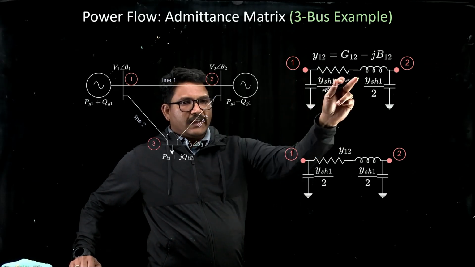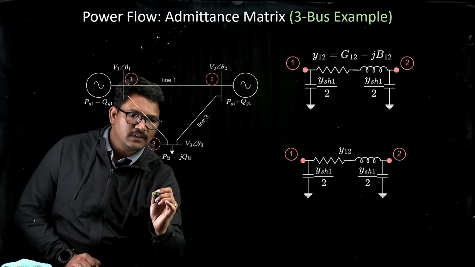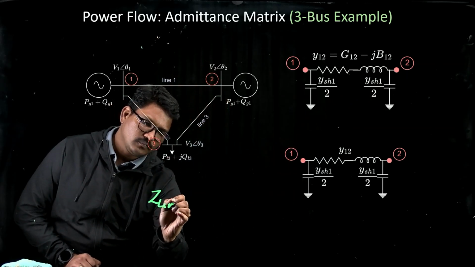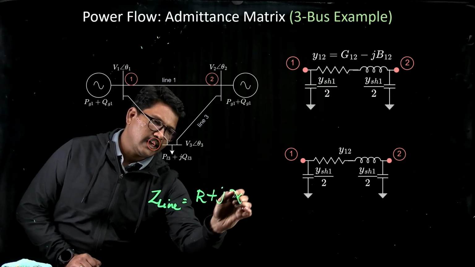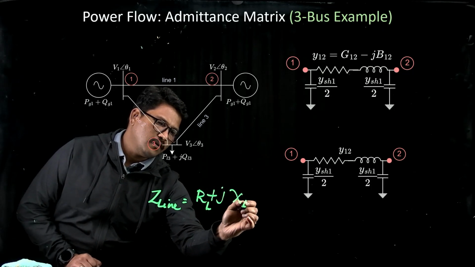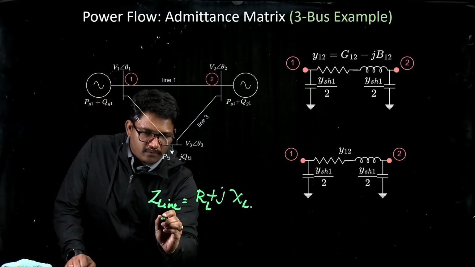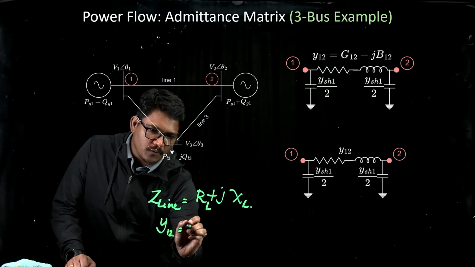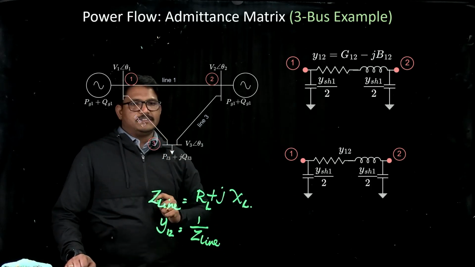So the series resistance and reactance, you will have the line-related resistance and reactance as R plus jX of the line, but you will get your value of the admittance y12 as the inverse of the line impedance.